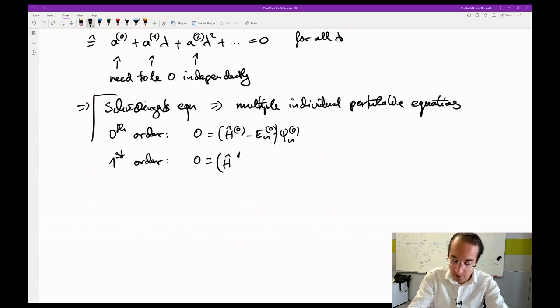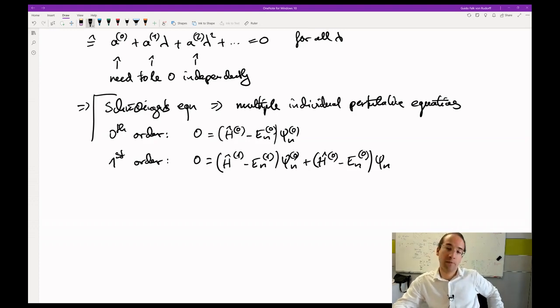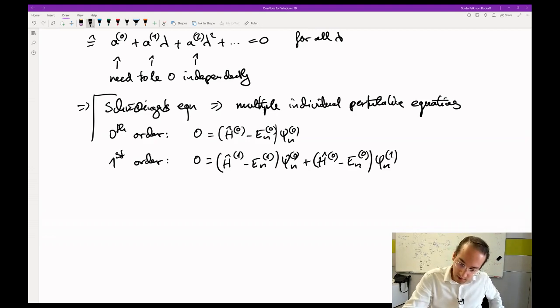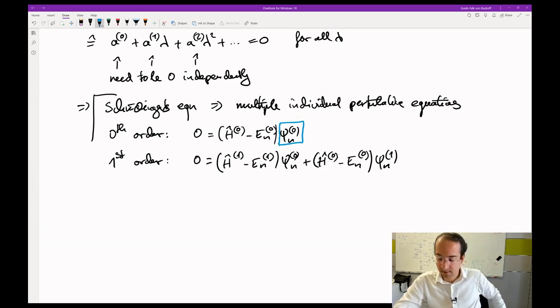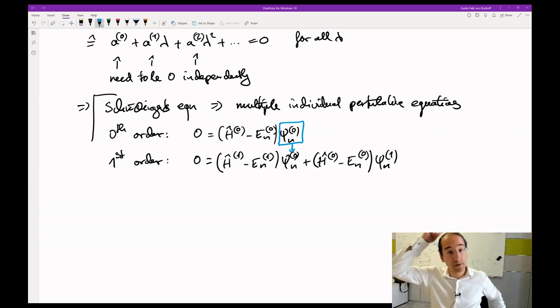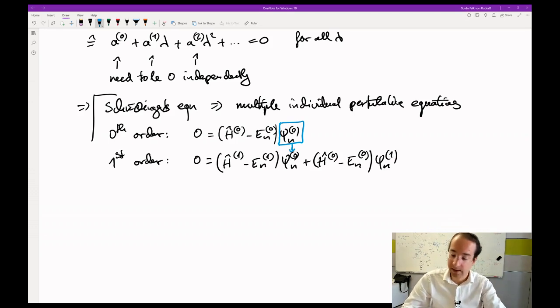So that would be the linear response Hamiltonian minus the energy times the unperturbed wave function plus the unperturbed Hamiltonian minus unperturbed energy times the reference and then the perturbed wave function. Now you see that effectively here we already get these contributions and we can insert them in the next expression, in the next order, and then use the next order expression to solve for eigenfunctions in psi n.